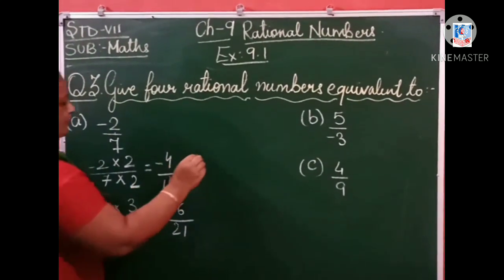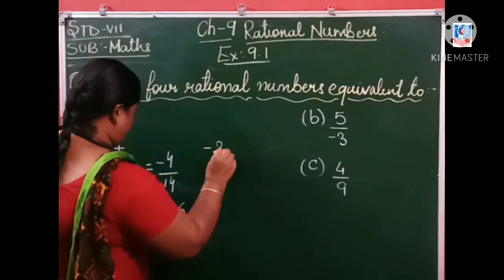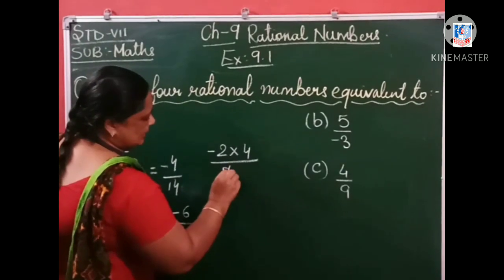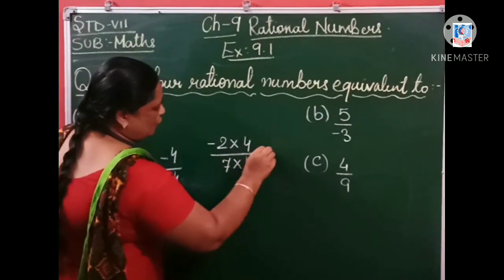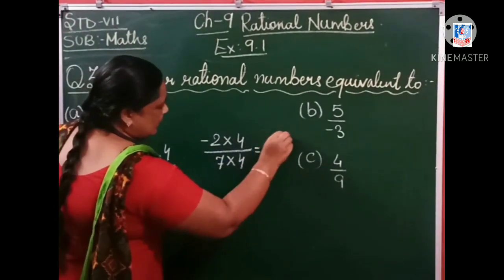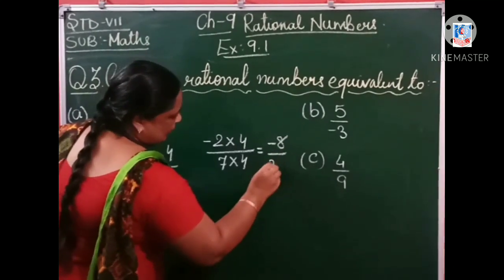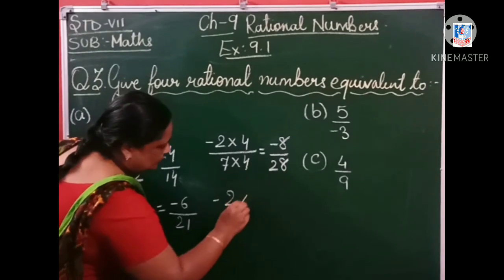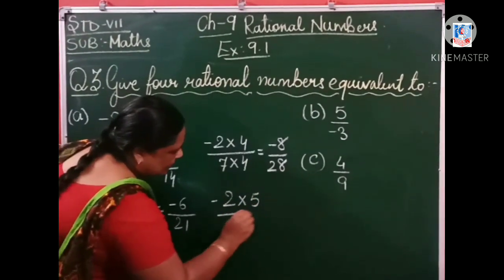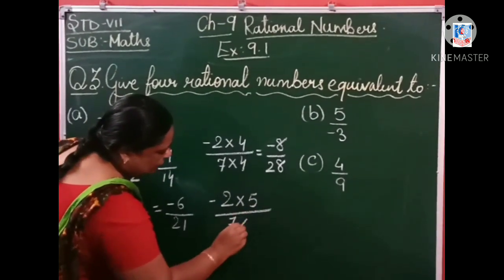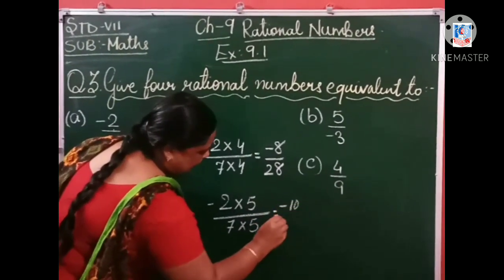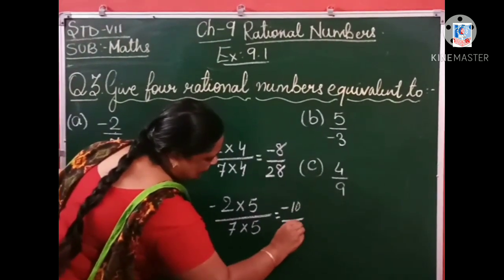Next, minus 2 into 4 divided by 7 into 4 is equal to minus 8 by 28. Next, minus 2 into 5 by 7 into 5 is equal to minus 10 by 35.